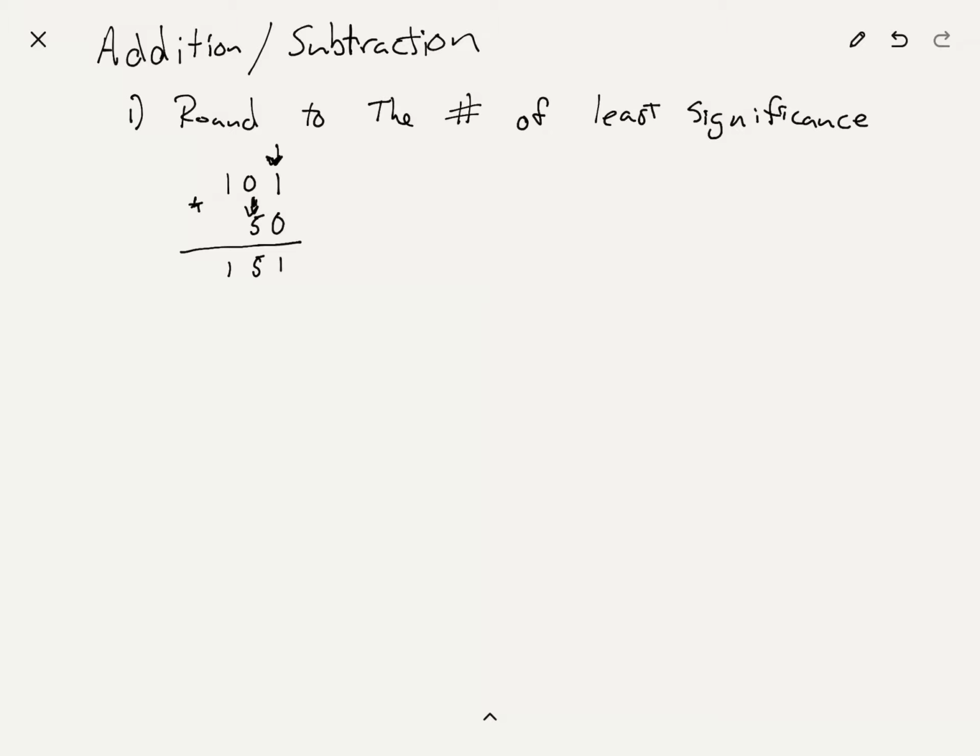So since the 5 is the farthest right significant figure, that's the spot we're going to round to. So our final answer would be 150.